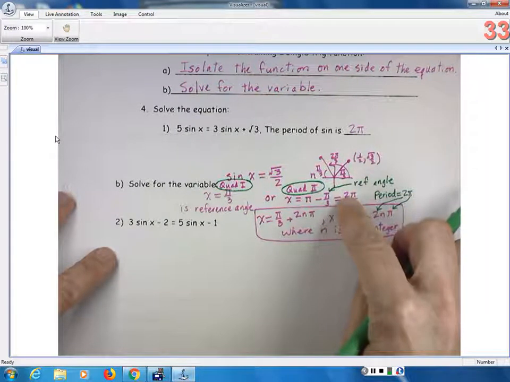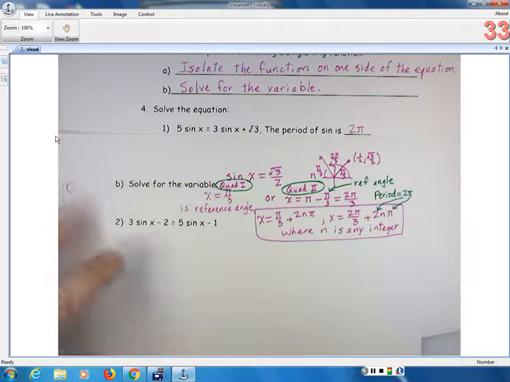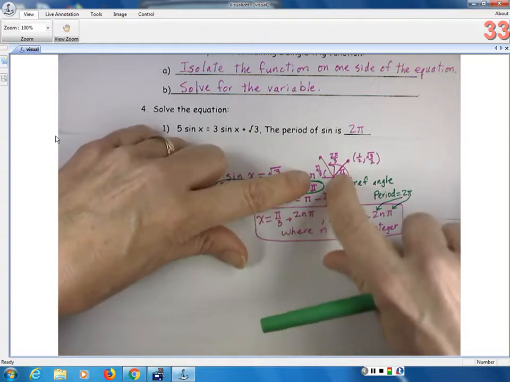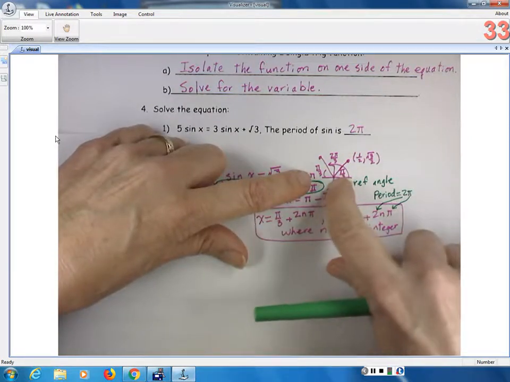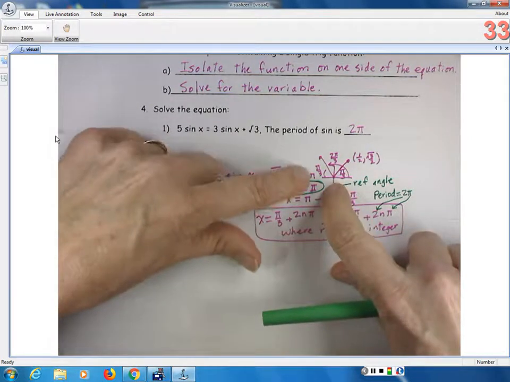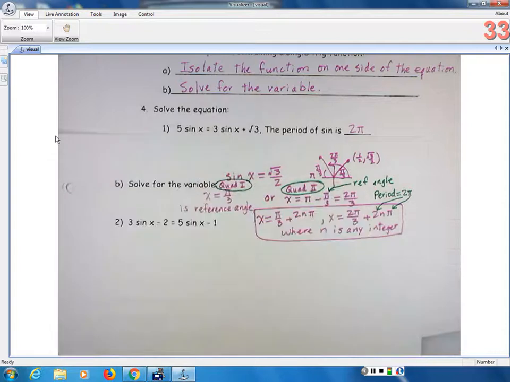In that section we had formulas for that, but I do it by drawing the picture and making sure I know what I'm subtracting or adding. Here, if the angle was in quadrant 3, you'd have to take pi plus that, but I draw the picture to figure that out. So instead of memorizing those formulas, draw the picture.